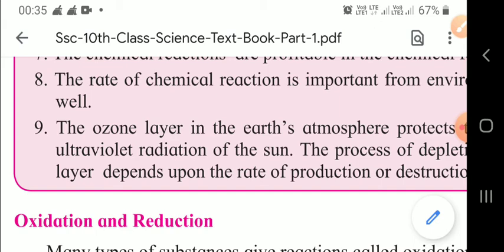The states in the brackets, solid, liquid, gaseous, aqueous, or if the gas is liberated out, the arrow sign, plus heat, or a small triangle on the arrow, whatever is there in that reaction, you have to write properly so that you can get full marks.